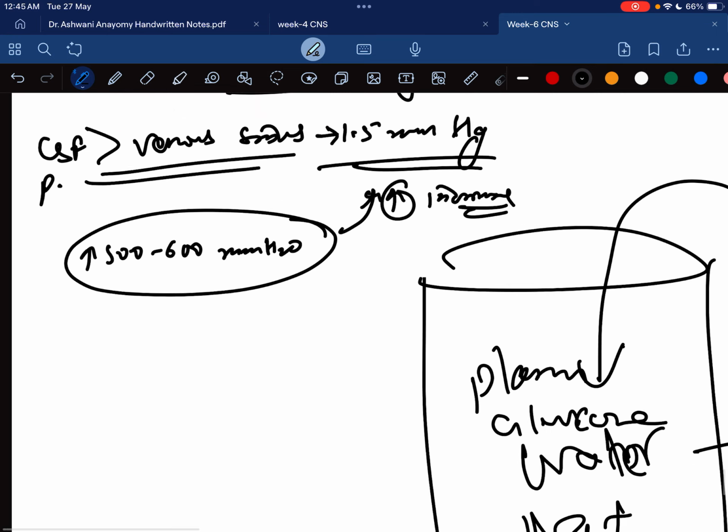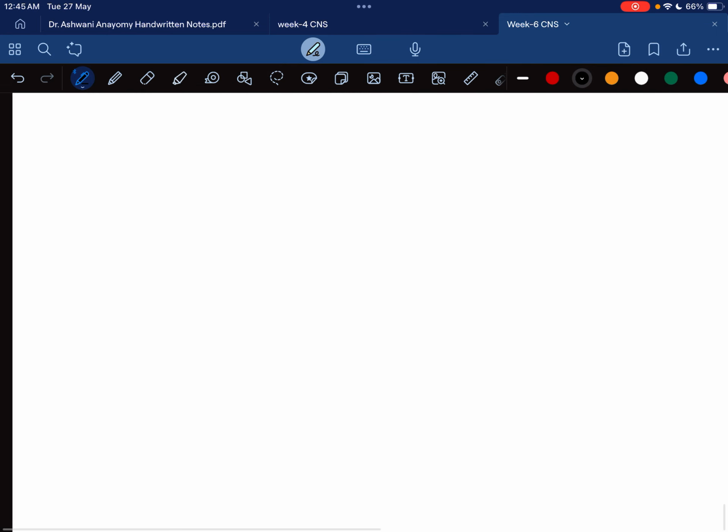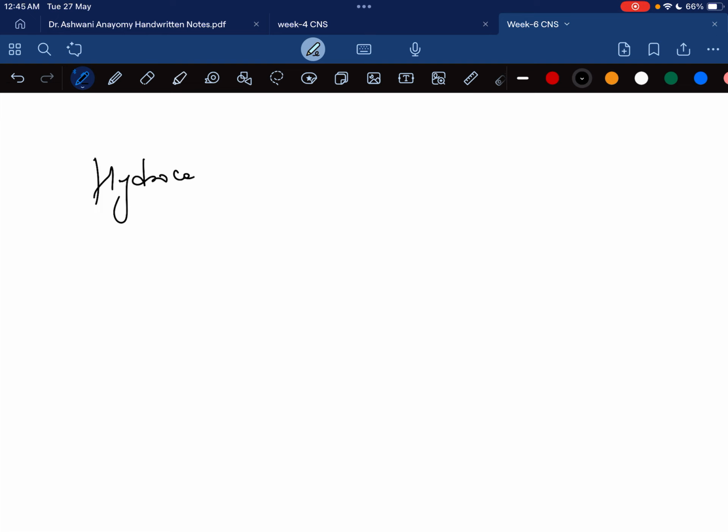So when we discuss these things, there is a pathological condition called hydrocephalus. Hydrocephalus is of two types: one is communicating, another is non-communicating.